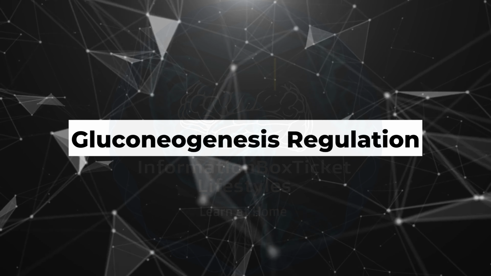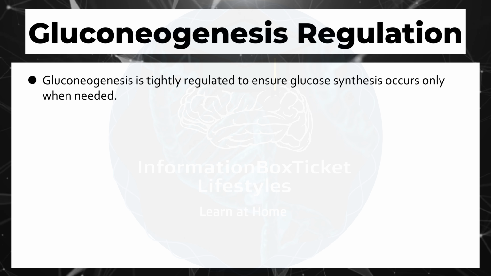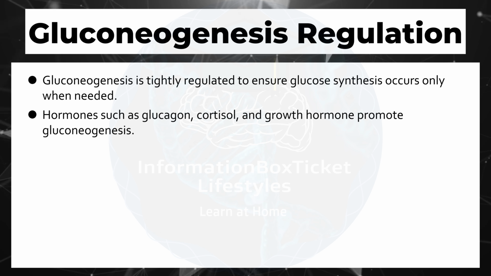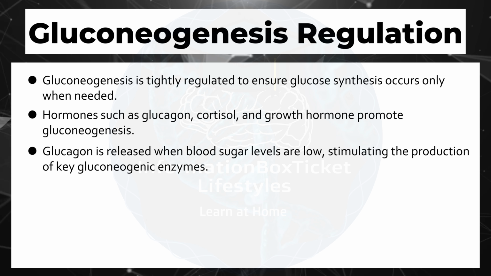Gluconeogenesis regulation. Gluconeogenesis is tightly regulated to ensure glucose synthesis occurs only when needed. Hormones such as glucagon, cortisol, and growth hormone promote gluconeogenesis. Glucagon is released when blood sugar levels are low, stimulating the production of key gluconeogenic enzymes.